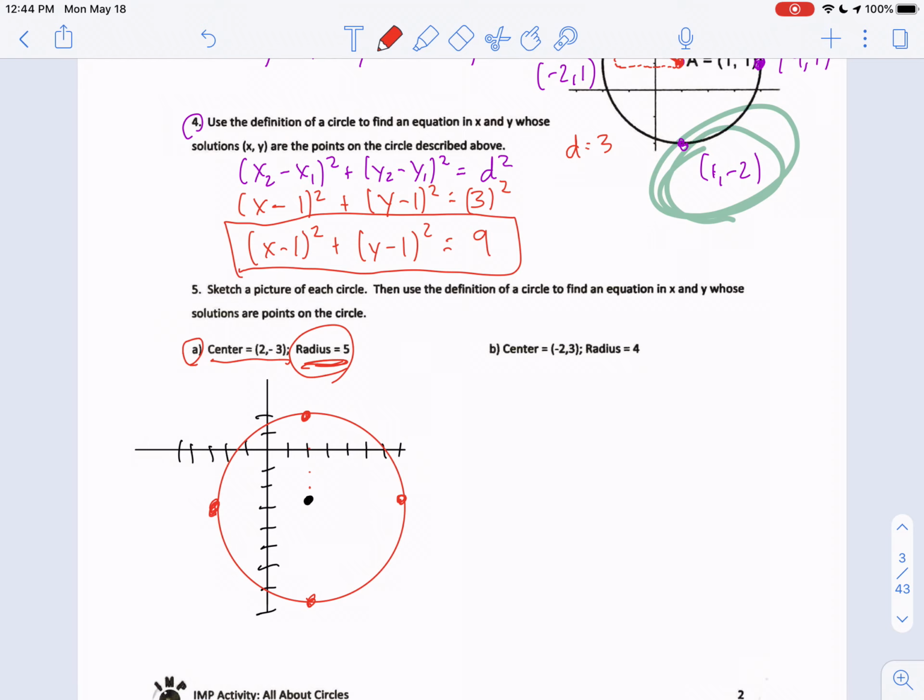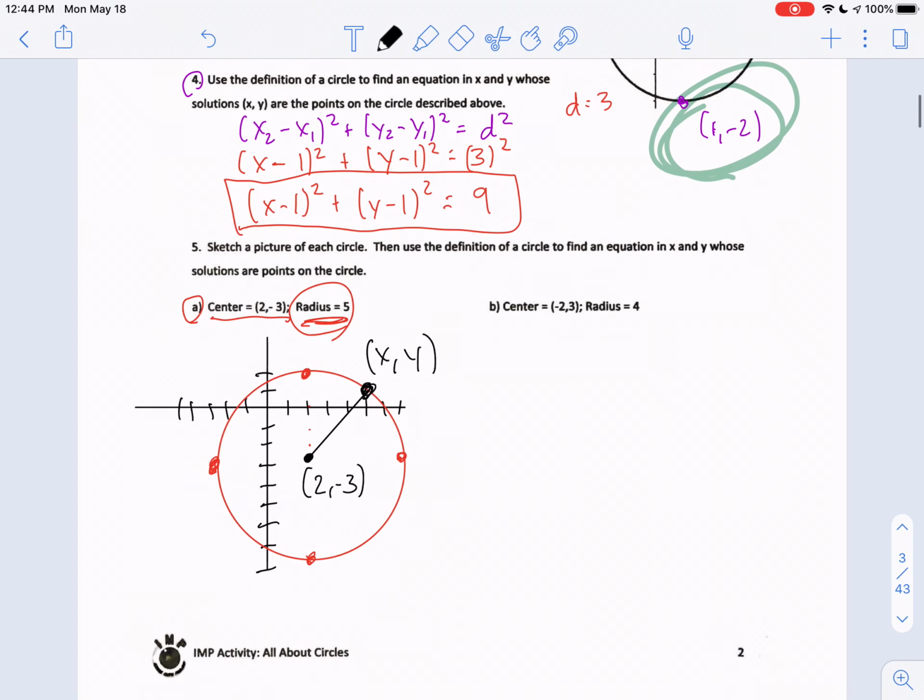Okay, so now we know the center. The center is still 2, -3. And let's just say I want to pick this point right here. We'll call this random point x, comma, y.